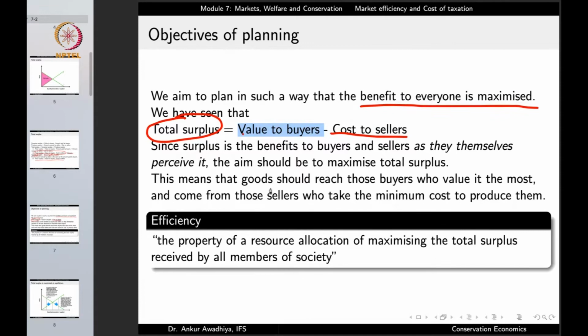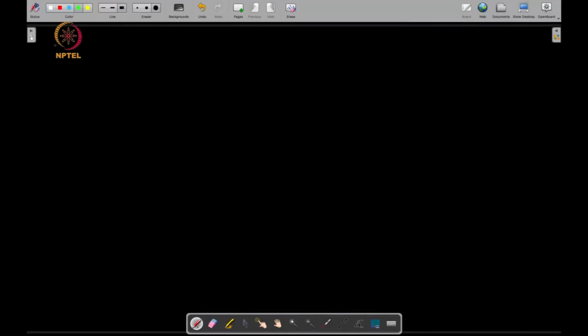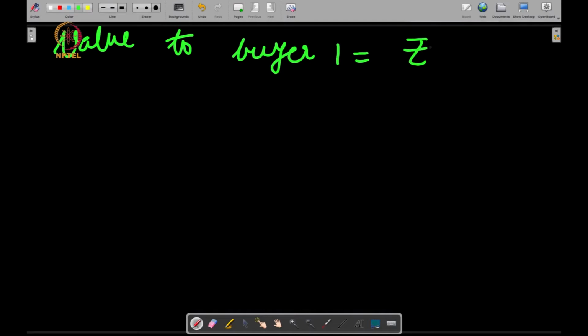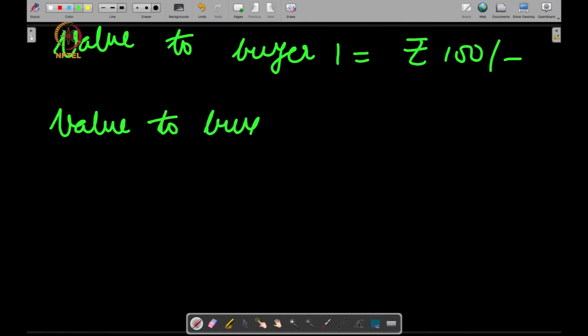Which means that if there are two buyers and one is putting a cost or a value of the pen to be say 50 rupees and the other one is putting the value to be say 100 rupees. What we are saying here is that the value to buyer 1 is 100 rupees and the value to buyer 2 is 50 rupees.